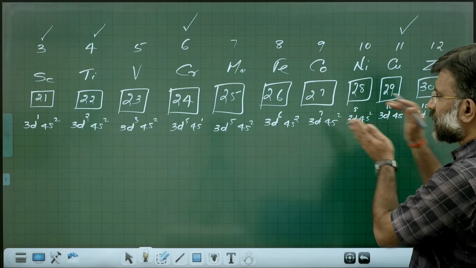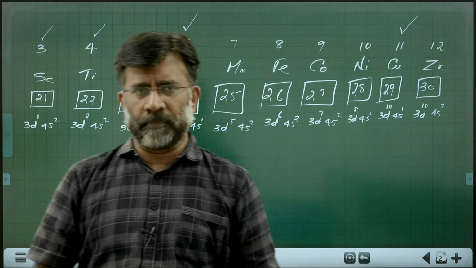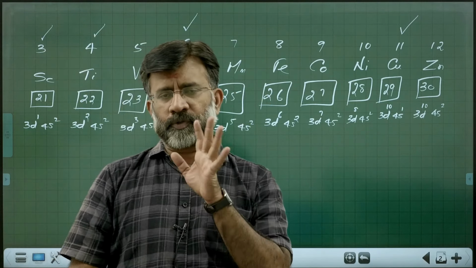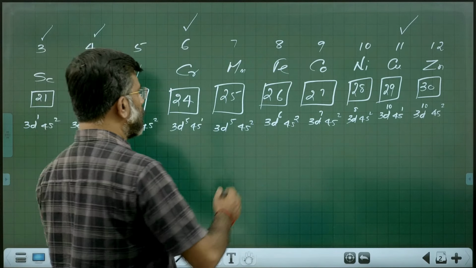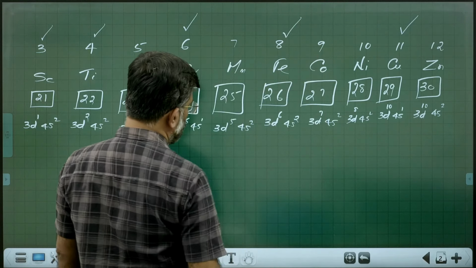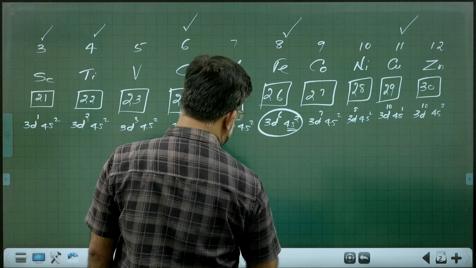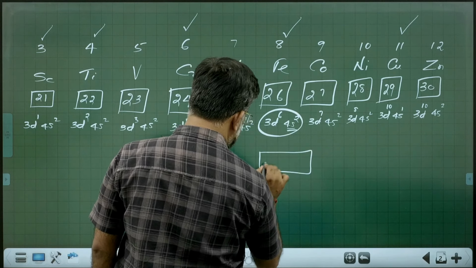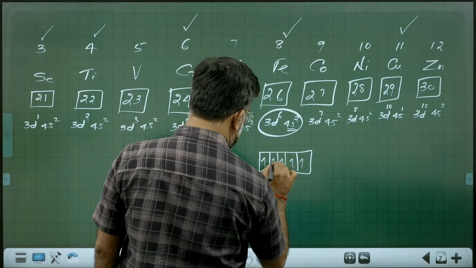This is the first series of elements which are very important. And if a question comes, how many unpaired electrons in iron, you must be able to say. Iron is 3d6 4s2. Anyway, the 4s is a paired electron system. How many in 3d6? It will be 1 2 3 4 5 6.